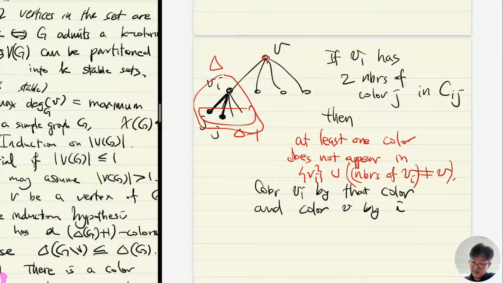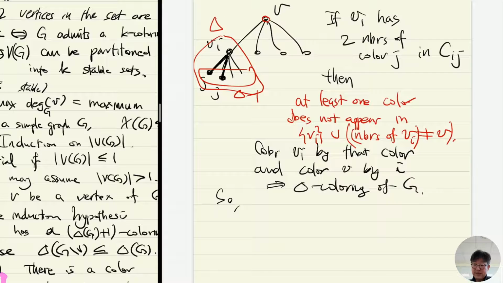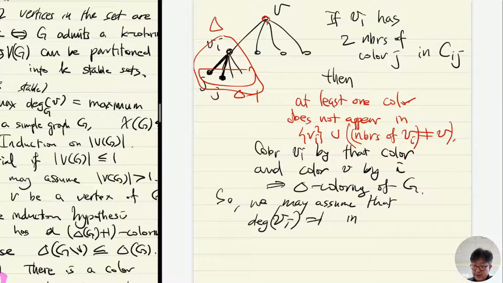So that's a delta coloring of G. So that means we can assume the degree of Vi is 1 in Cij.